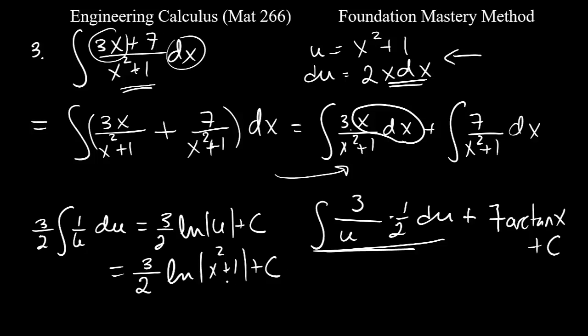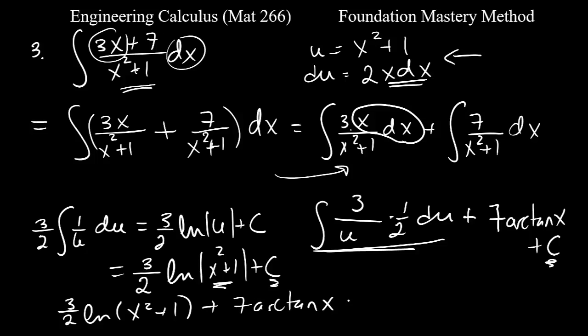We can drop the absolute values here because x squared plus 1 will be positive, and we can also combine these two constants of integration. So our final answer will be 3/2 times the natural log of x squared plus 1 plus 7 times the arctangent of x plus some constant of integration.